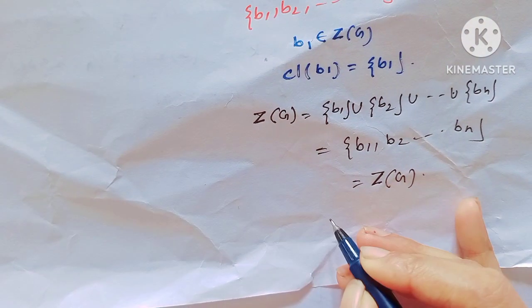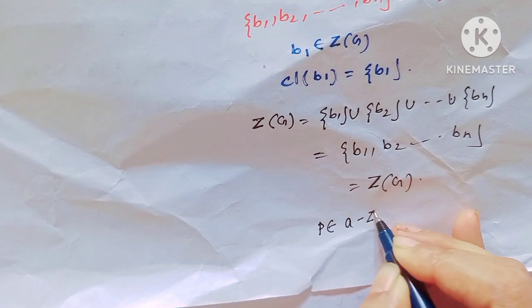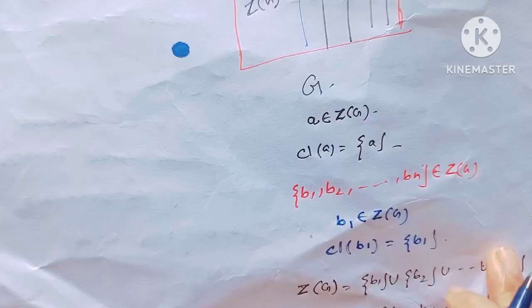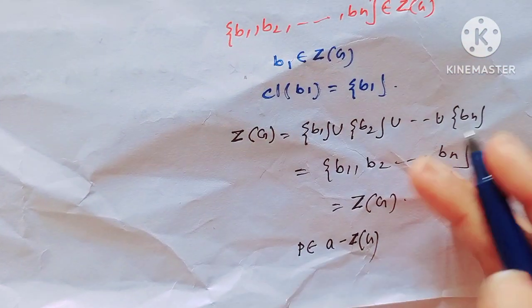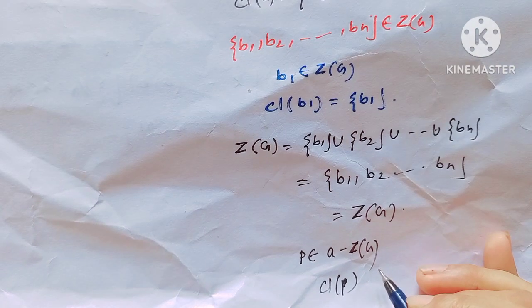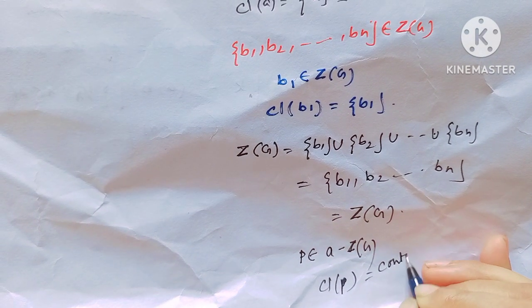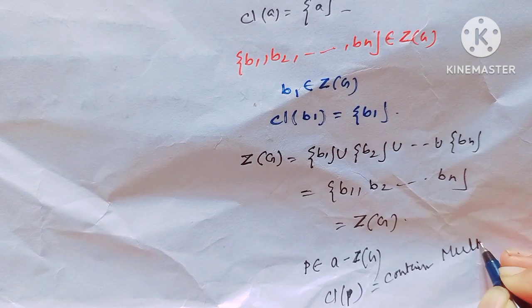And if P belongs to A minus Z(G), that means if P belongs to here, then the class of P contains multi-membered elements.